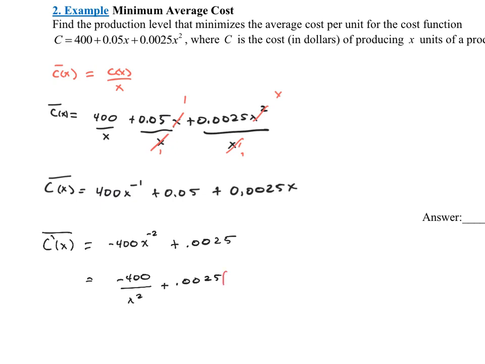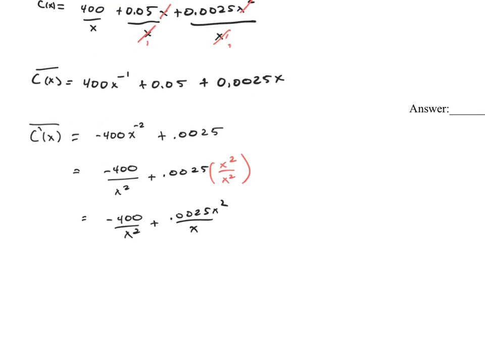If we want a common denominator, I'll multiply the second term by x squared over x squared. So it looks like I would have negative 400 over x squared plus 0.0025x squared all over x squared. Combining like terms and writing it in descending order, I'd have 0.0025x squared minus 400 all over x squared.